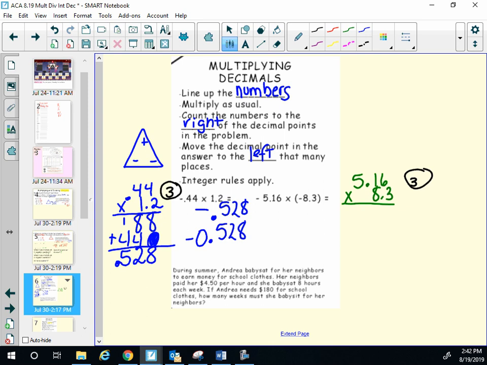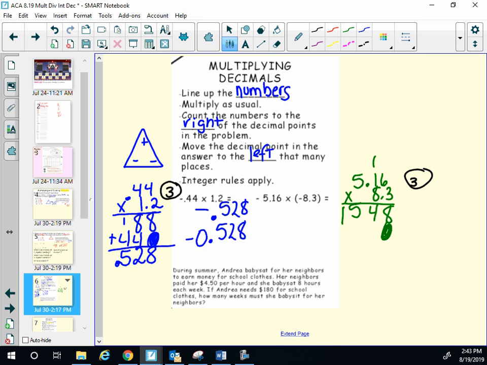Let's multiply first by 3. 3 times 6 is 18. I'm going to write the 8 and carry the 1. 3 times 1, 3, plus the 1 is 4. And 3 times 5, 15. I'm going to add a filler.